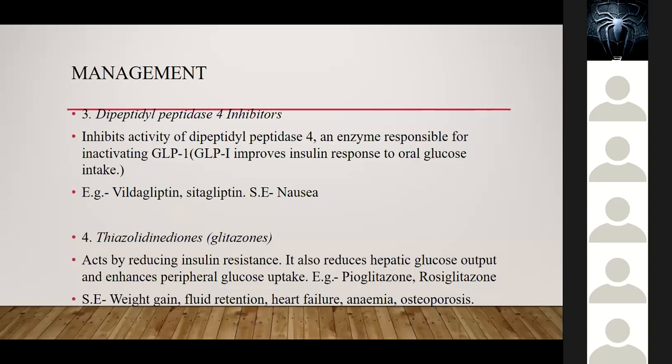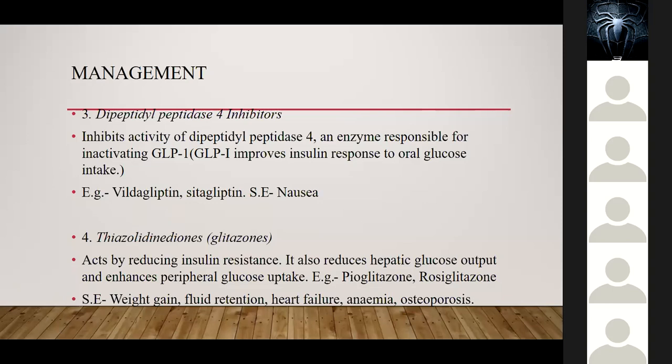And what it does is it inhibits the activity of what we call GLP-1, or glucagon-like peptide 1. So let's go back. Glucagon-like peptide 1 is a very good incretin. And what it does is that once you consume any form of glucose orally, glucagon-like peptide 1 is produced, and this glucagon-like peptide 1 improves insulin response.